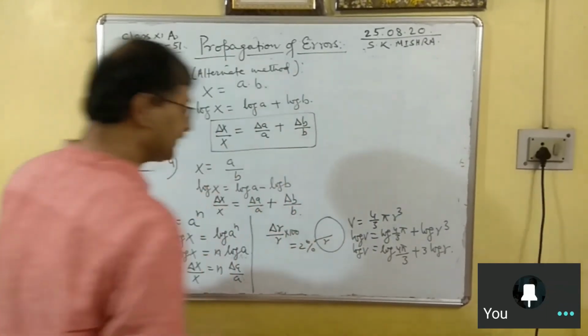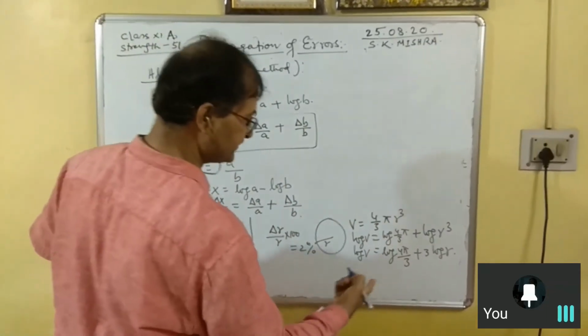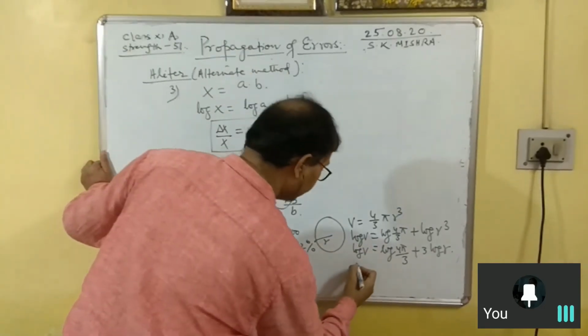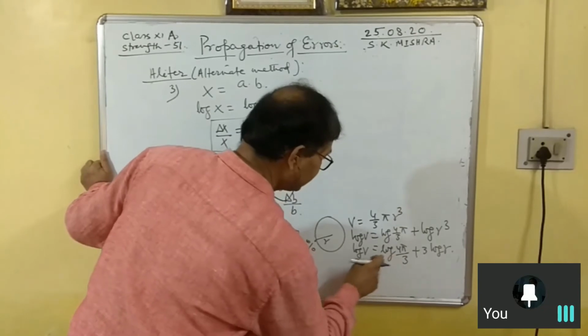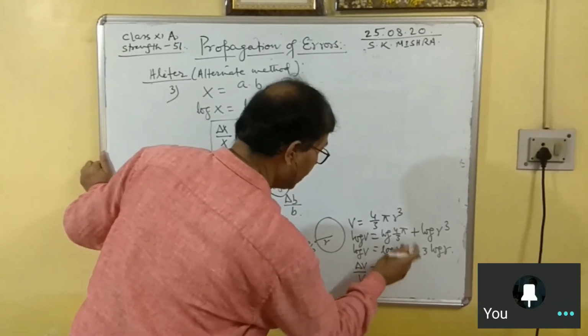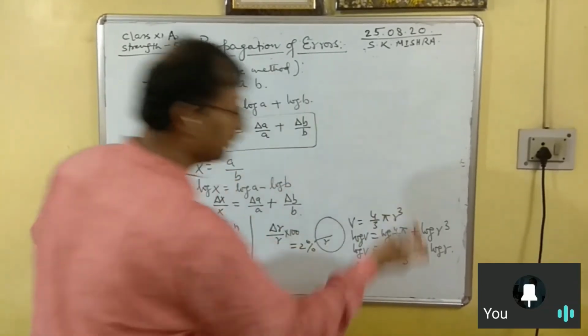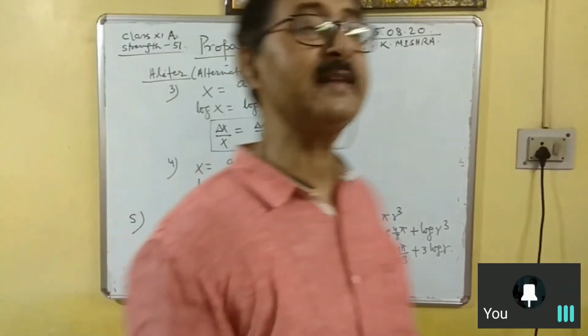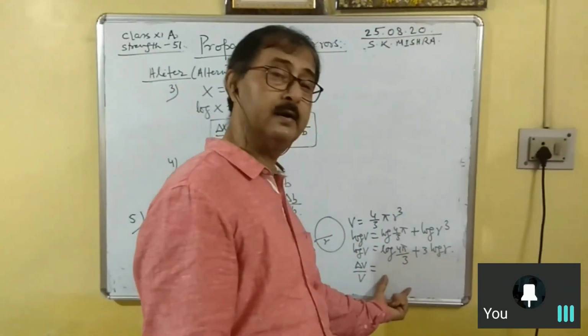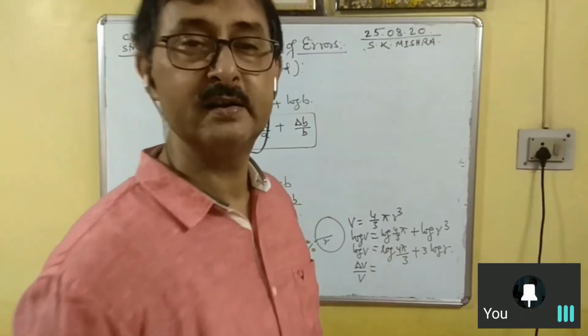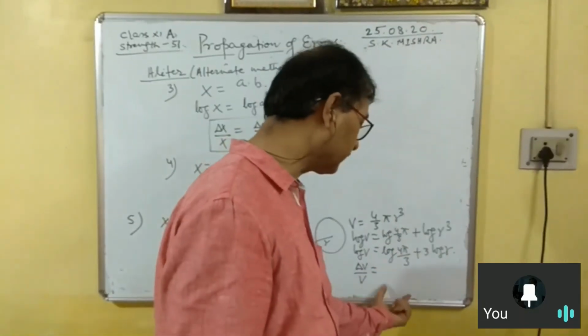Now differentiate LHS and RHS. So what is the differentiation of log V? This is del V by V. And what is the differentiation of log 4 pi by 3? This part will be 0, because 4 pi by 3 is a number, and log of some number will give you a number, and that number is a constant. So differentiation of a constant is 0.